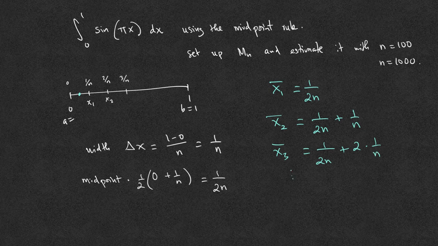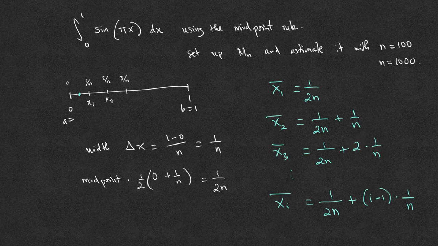Therefore, x sub i bar is 1 over 2n, which is the first midpoint, plus (i minus 1) times 1 over n. It has to be i minus 1 in this case because we observe that for x sub 3, if the subscript is 3, we would use 2 delta x.